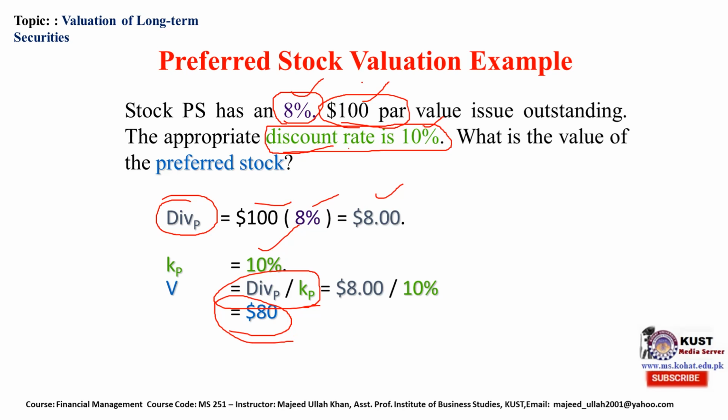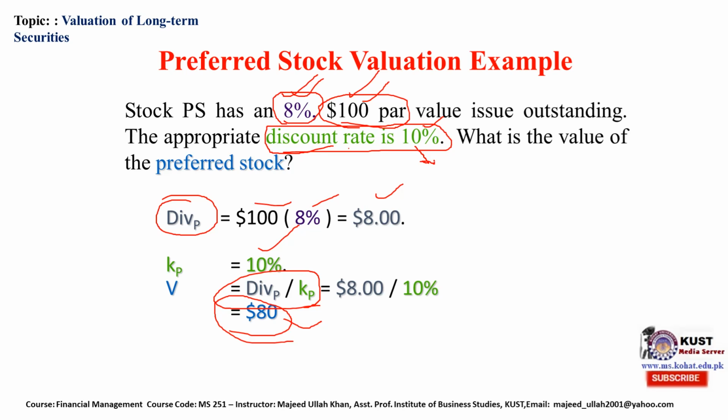So right now this share has an intrinsic value, what should be the value of this preferred share, of $80. It has a par value of 100, of course, but it will be sold or purchased at a discounted rate. This is because the 100 par value will give you 8%, while if you invest this $100 somewhere else, it will give you 10%.